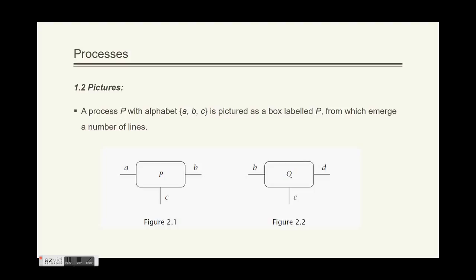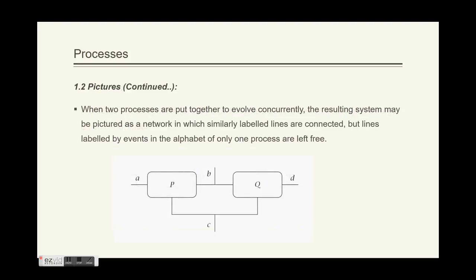So in figure 2.1 we see that a process P is represented in a box and there are three lines coming out of it, which are A, B and C, and we have another process Q which has three more lines B, D and C. So here we observe that the lines B and C are common to the processes P and Q, and the lines A and D are unique to each individual process.